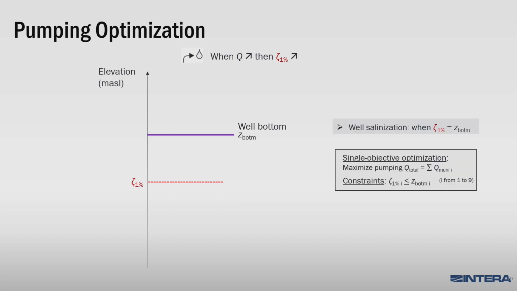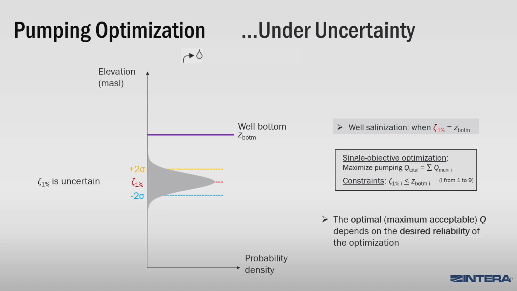And so we define well salinization as the moment where this 1% salinity reaches the well bottom elevation. And we conducted a single objective optimization in which we wanted to maximize the pumping in the well field, so the sum of individual pumping rates, while always avoiding well salinization.